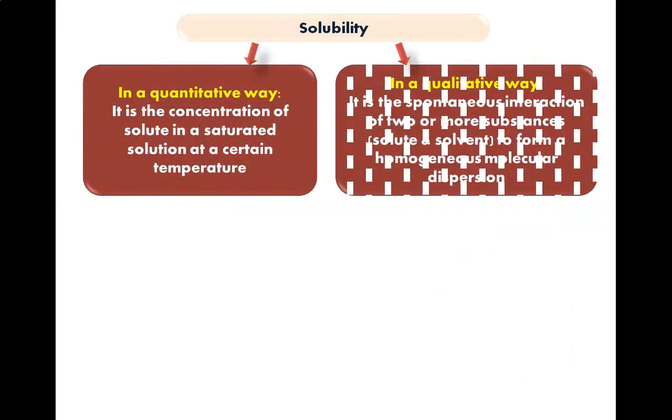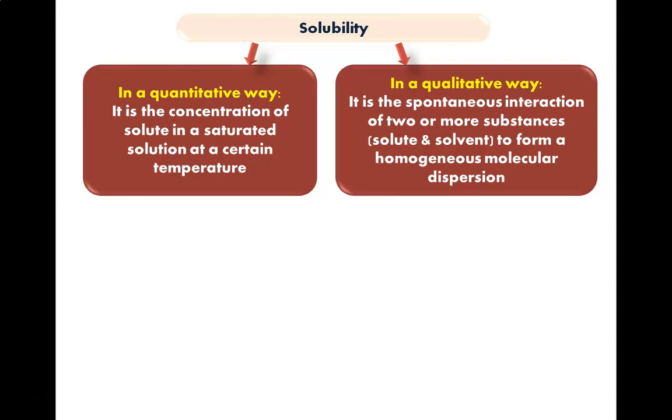Now, solubility. Solubility is a quantitative as well as a qualitative term. In a quantitative way, it is defined as the concentration of solute in a saturated solution at a certain temperature. In a qualitative way, it is the spontaneous interaction of two or more substances, that is solute or solutes and solvent or solvents, to form a homogeneous molecular dispersion.